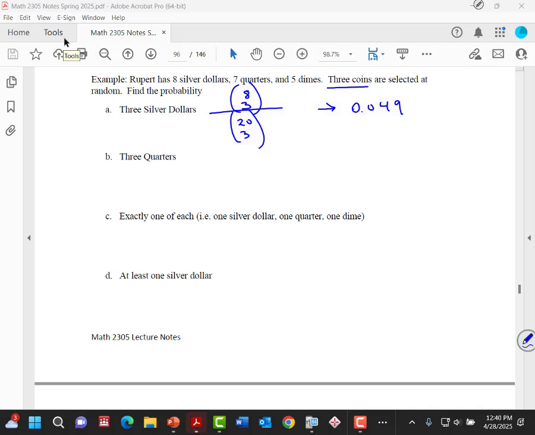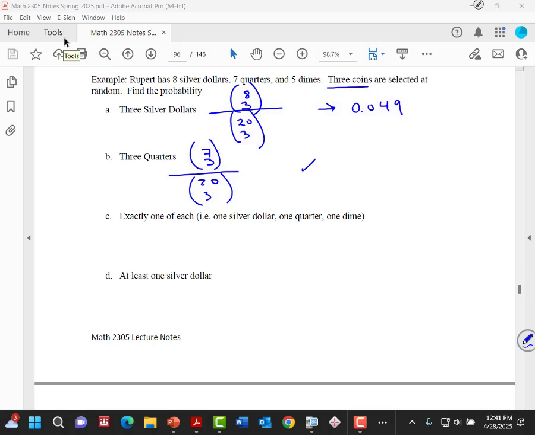But like I said, for the next ones, I'm just going to leave it in their combination form. 3 quarters, very similar. So how many quarters are in the box? From the 7 quarters, choose 3 of them to select, out of the 20 coins, choose 3. Exactly 1 of each.